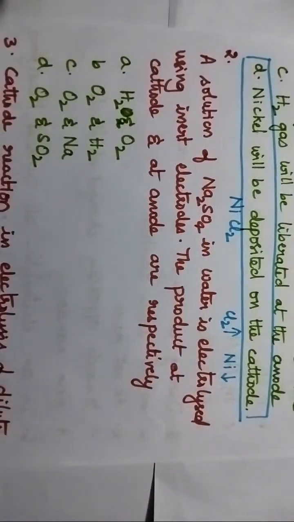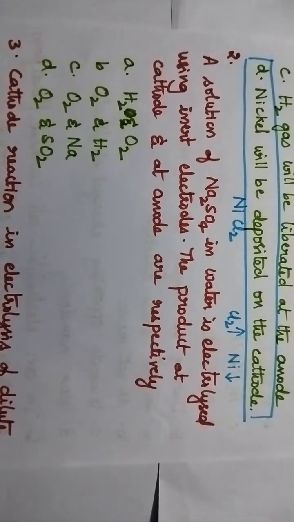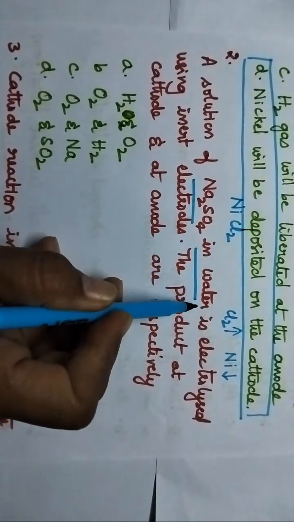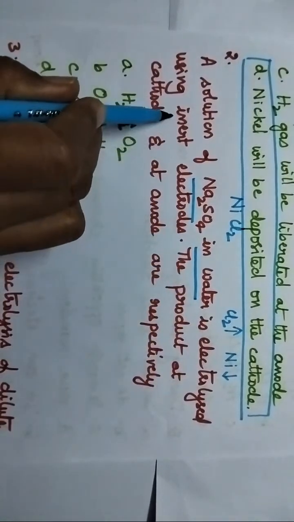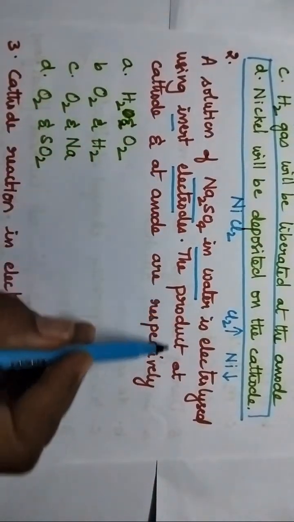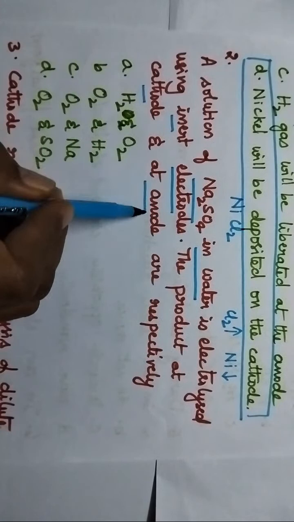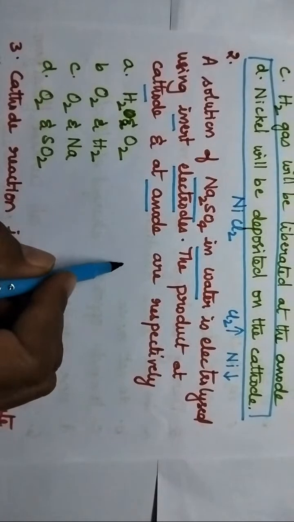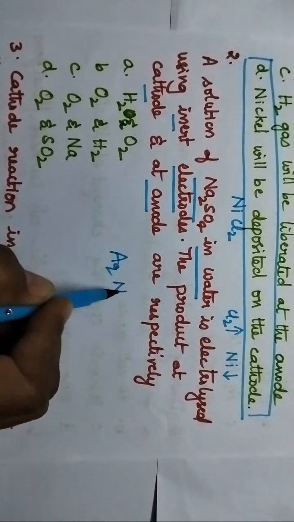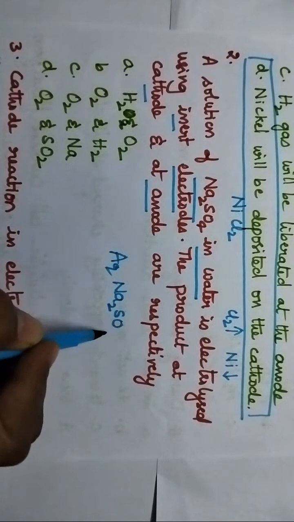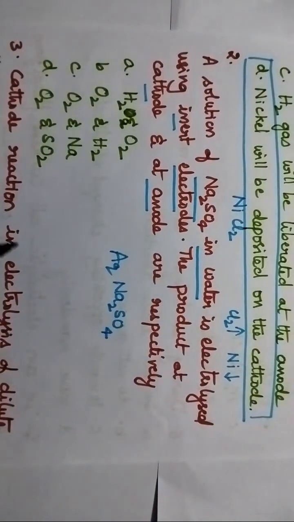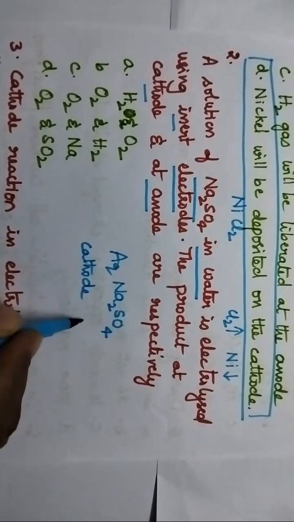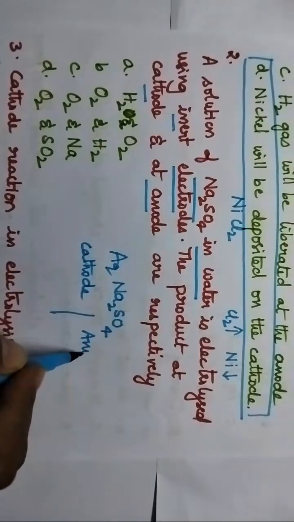Moving to the second question. A solution of sodium sulfate in water is electrolyzed using inert electrodes. The products at cathode and at anode are respectively. So aqueous Na2SO4 solution is electrolyzed, and you are supposed to identify what are the products formed at the cathode and at the anode.